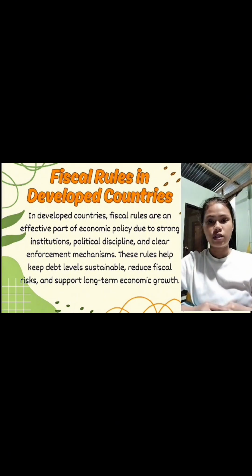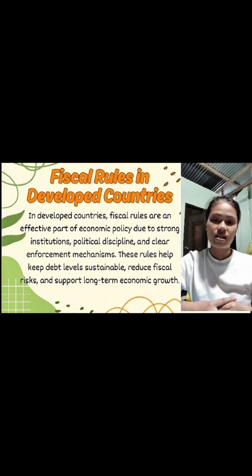They are key tools for maintaining macroeconomic stability, ensuring responsible public finance, and preserving investor confidence. These countries generally have strong institutions, transparent governance, and established legal frameworks, which support the successful design and enforcement of such rules.